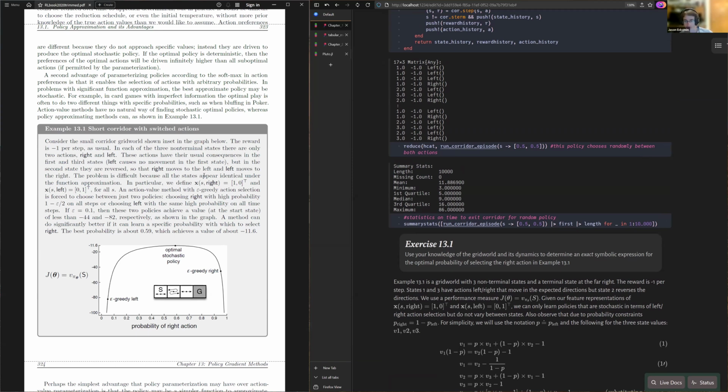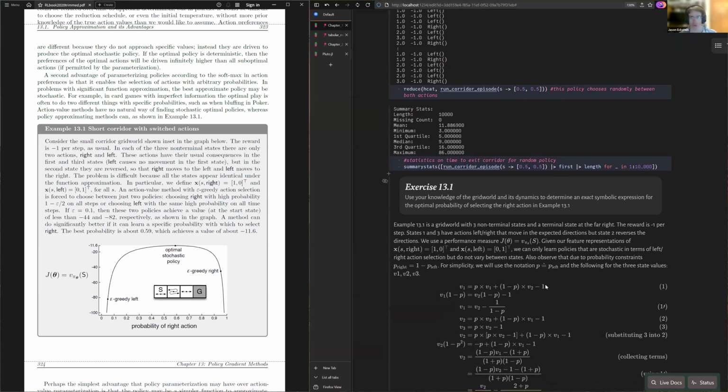It can be a stochastic policy, though, and we can use our knowledge of the environment to calculate what the optimal policy would be. What we're doing here analytically is the goal of the policy gradient techniques in this chapter: even though maybe you're restricted with this function approximation, is there still a way to optimize the policy?